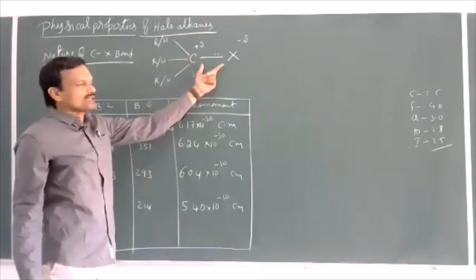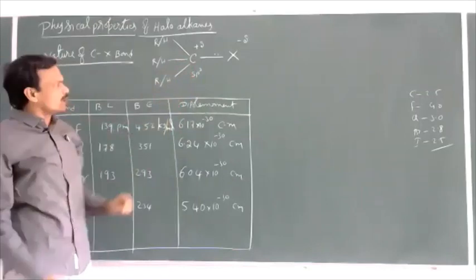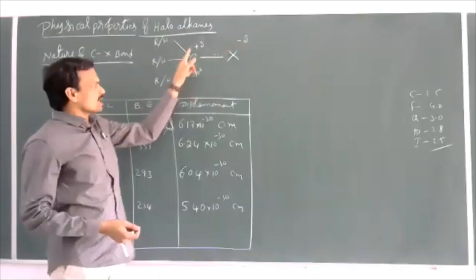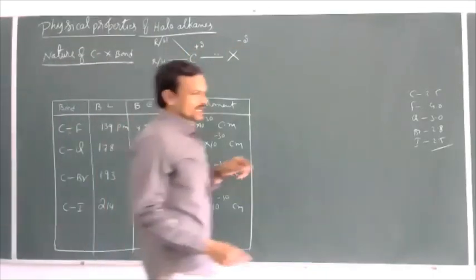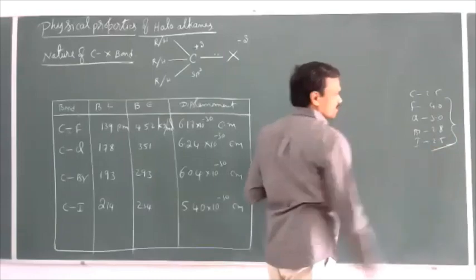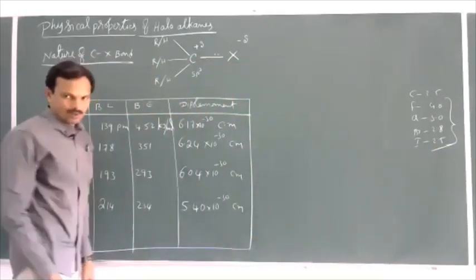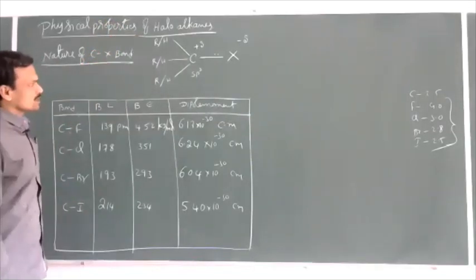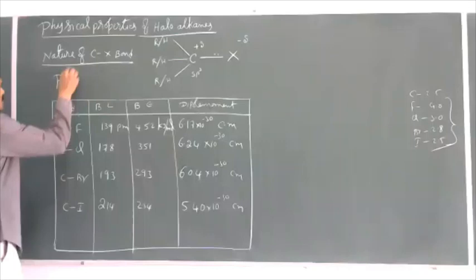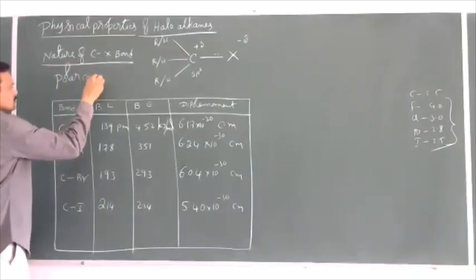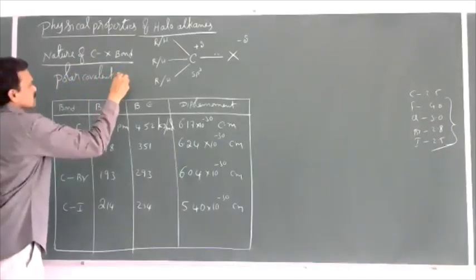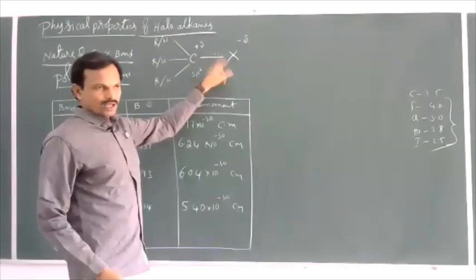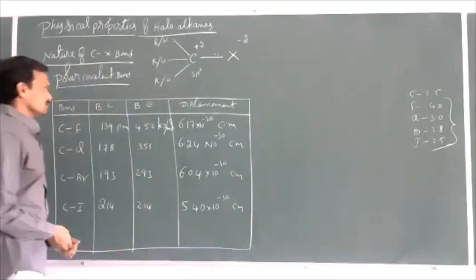So the C-X bond in haloalkanes is a polar covalent bond, where halogen acquires a partial negative charge and carbon acquires a partial positive charge, because the electronegativity of halogens is more than the electronegativity of carbon. A polar covalent bond is present between carbon and halogen.